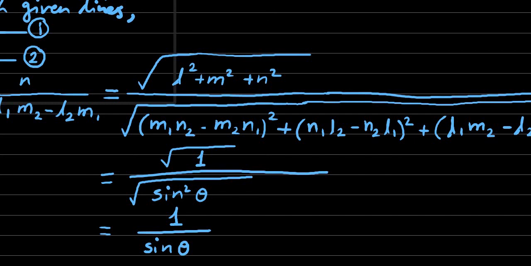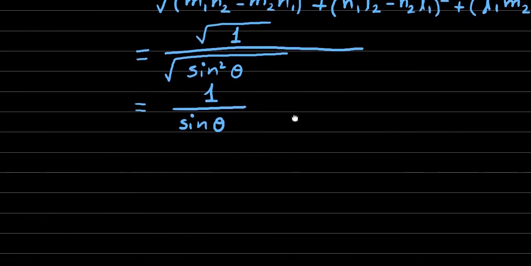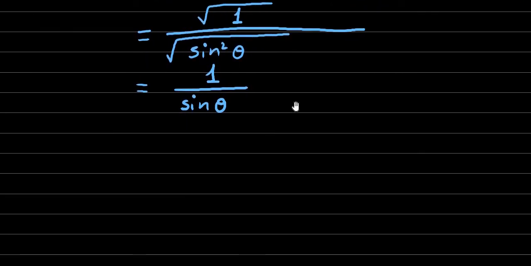But in this particular example, it is given that the angle between the two lines is 90 degrees, meaning the required line is perpendicular to both the given lines.